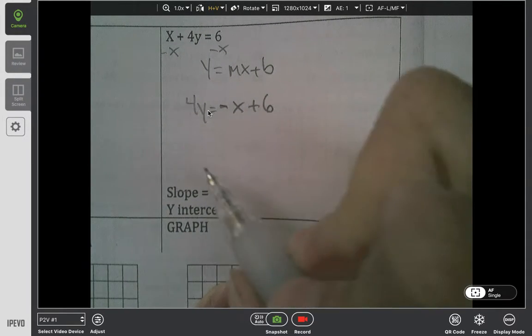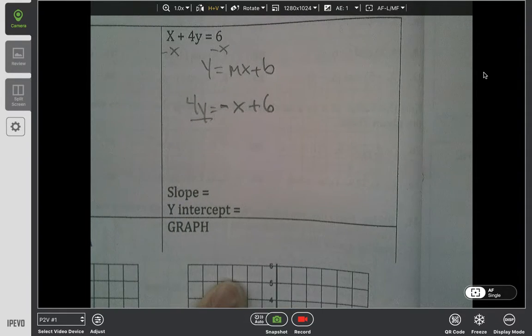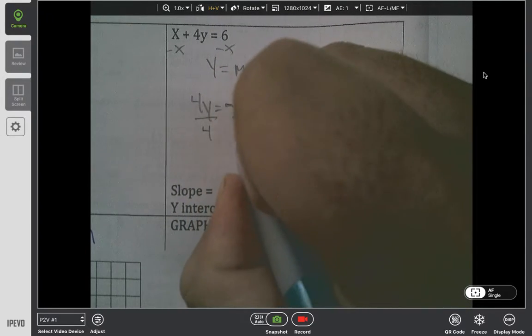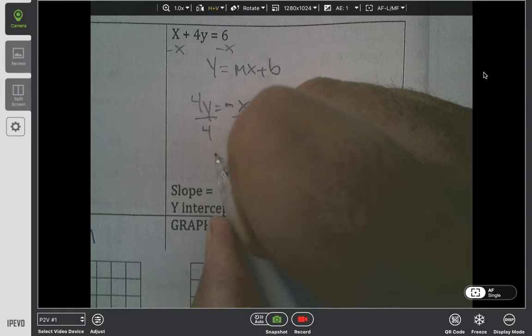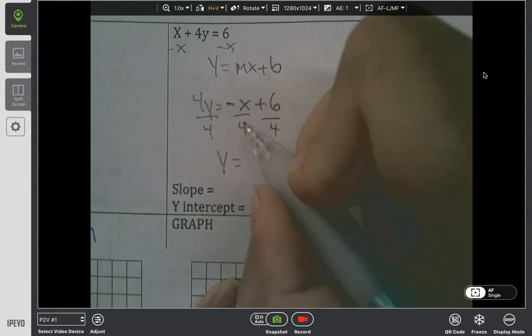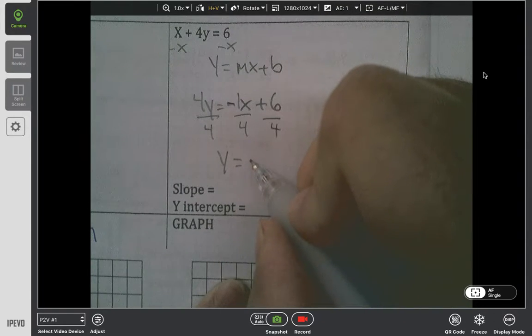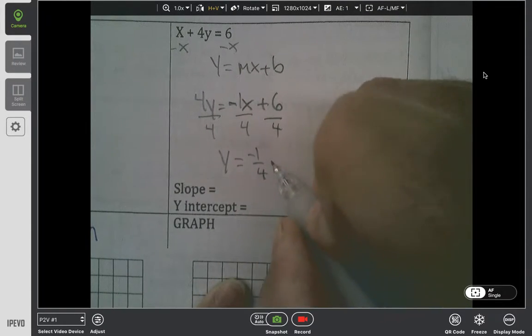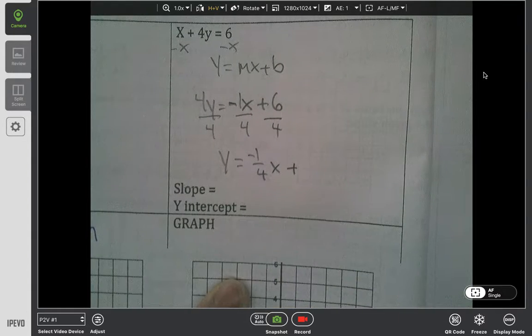And then what's the next step? Divide everything by 4. Does anyone know how I would write this fraction here? There's an assumed 1, negative 1/4 x, and then plus 6 divided by 4.